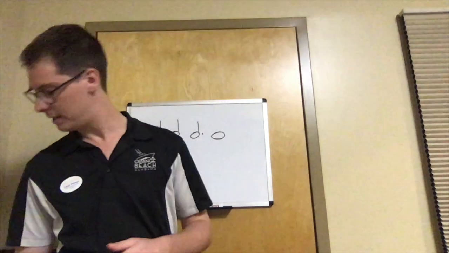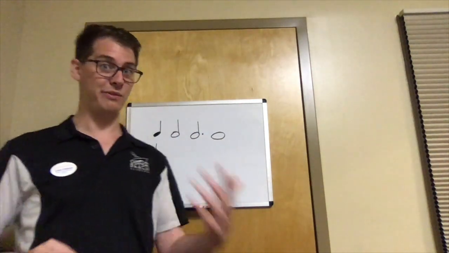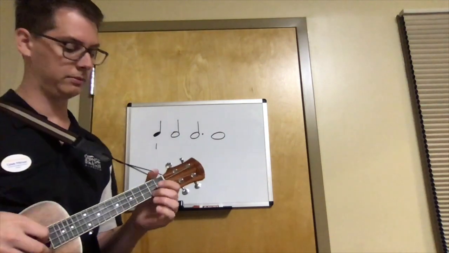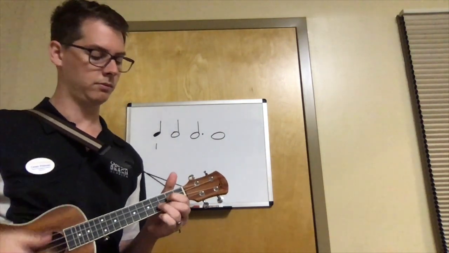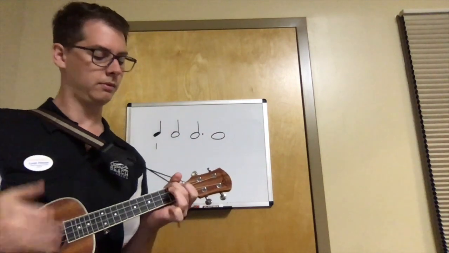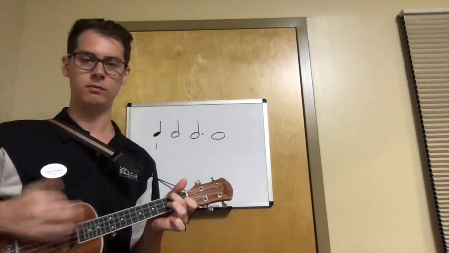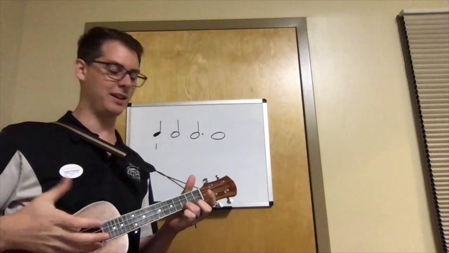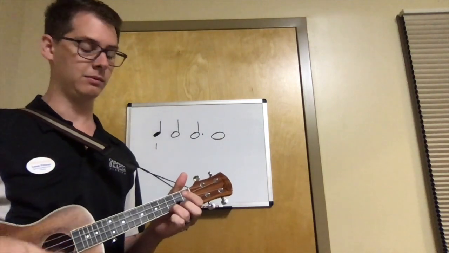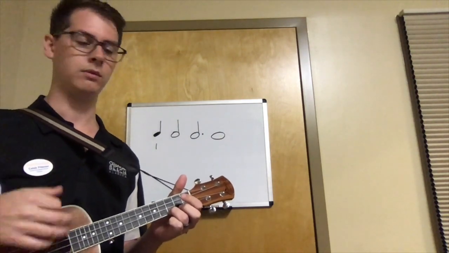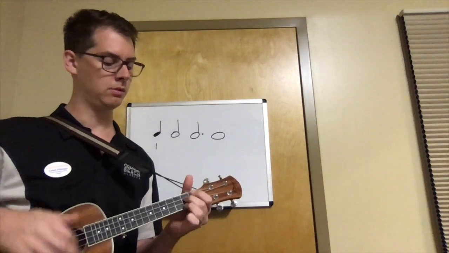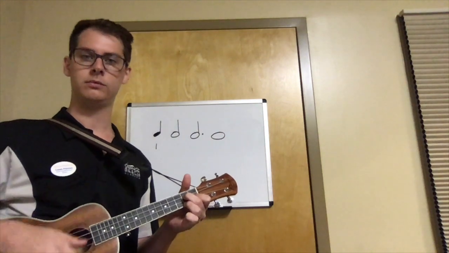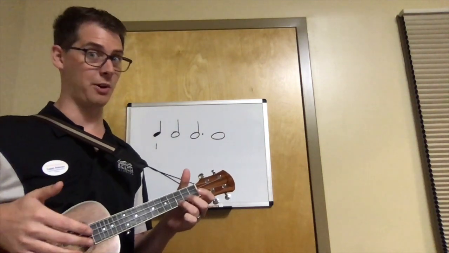Well, you see, songs can either be played fast or they can be played very slow. So for example, you have a very quick, upbeat, fast song, or something very slow.